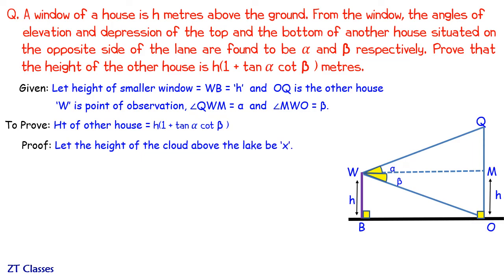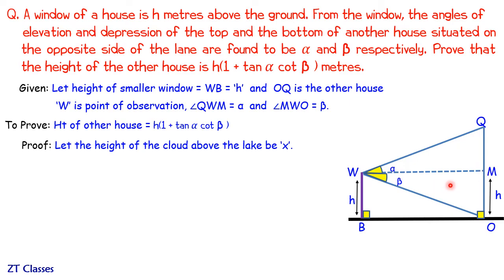So here if you will see, again we have got two triangles, right? The two triangles are your WQM and WMO. These are the two right angle triangles, in which you will use trigonometric identity, and WM is common in both of them.